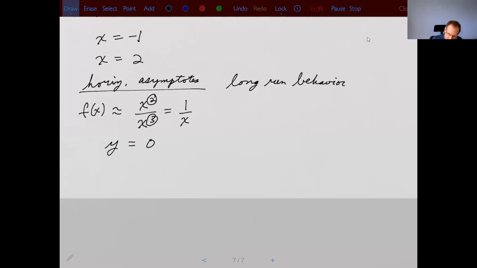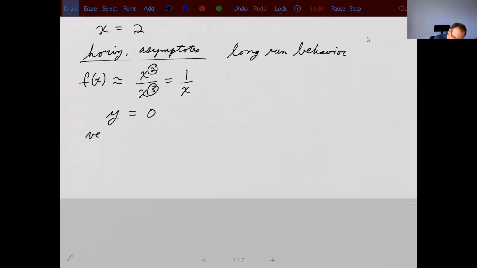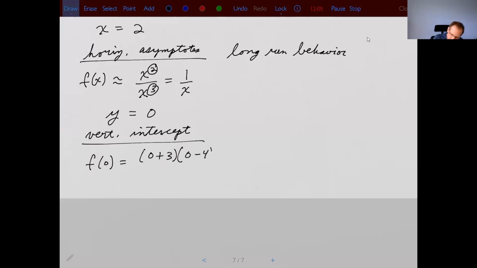What about intercepts? So let's do the vertical intercept first. There is only one of them, right? How do I find that? Well, I plug in 0. I set x equal to 0 and solve for the output, solve for y. So in this case, f of 0 is going to be 0 plus 3 times 0 minus 4 over 0 plus 1 squared times 0 minus 2.